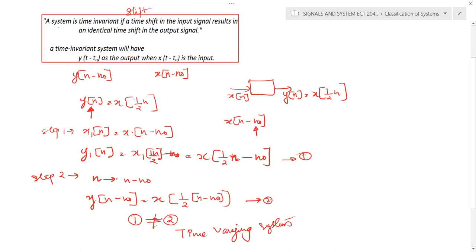That's a trick you can remember. On the input side, in step 1, you simply shift by minus n0 units if it is a discrete time system. And in step 2, you simply replace n with n minus n0. In most cases, you can verify the time invariance property using this method. Okay, thank you.